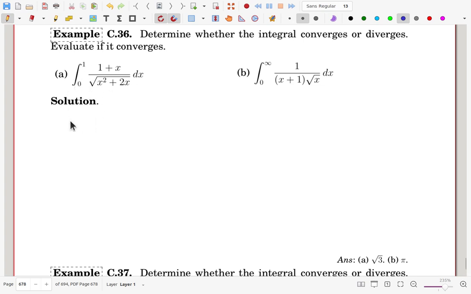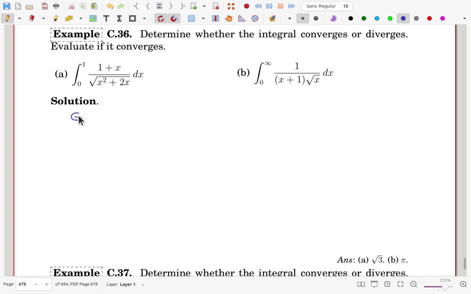You may think that way. But for this integrand, this quantity is to the power of half, so you can change a variable, or directly you can get it.